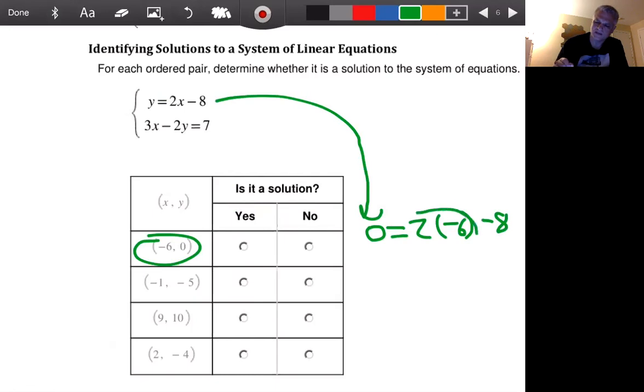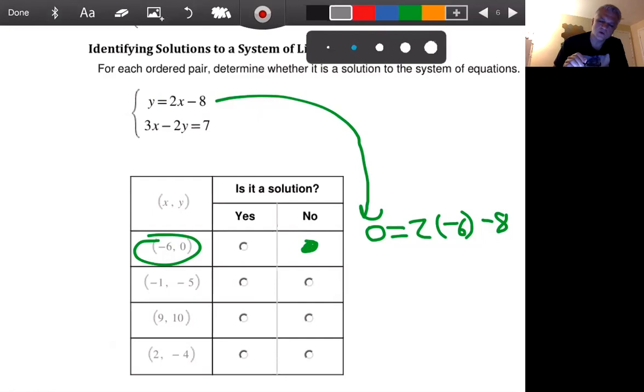Well, this is negative 12 minus 8. Does that equal 0? No. Not even close. Why don't I try the other line? Because I could care less if it's on the other line or not. If it's not on both lines, it is not a solution. And this question just said, is it a solution? So let's go with our next question.